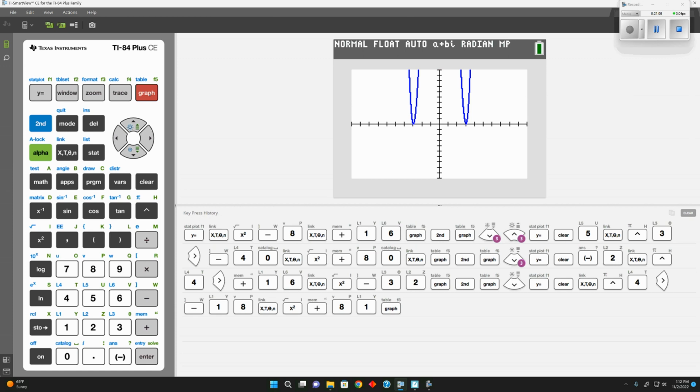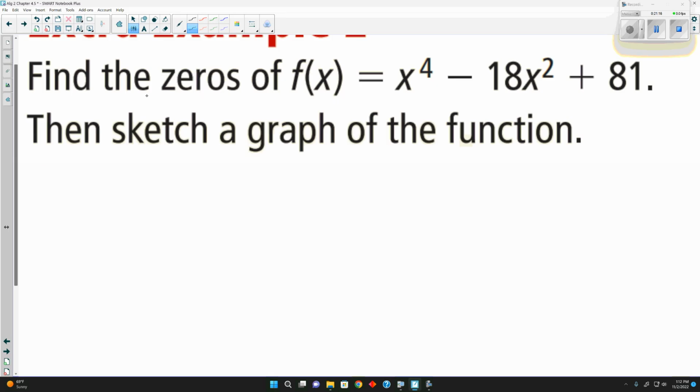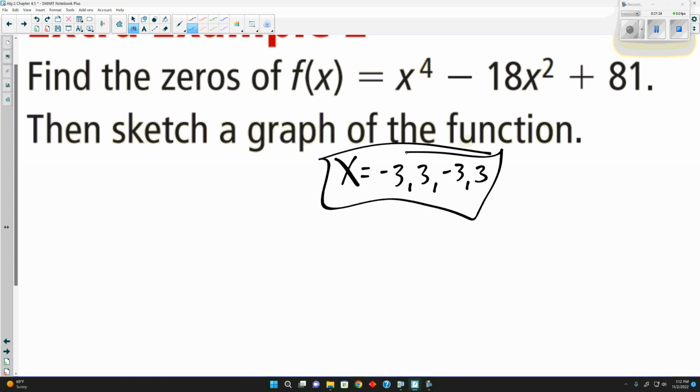So it gives us these values here. And if we wanted to look at the table, it tells us that the solutions are negative 3 and 3. Now, because it didn't cross the x-axis, we can really say that we have 2 at each of those points. And there's 4.